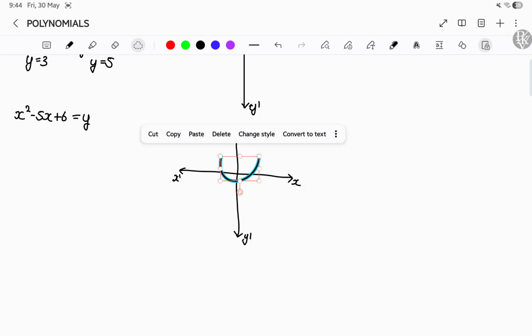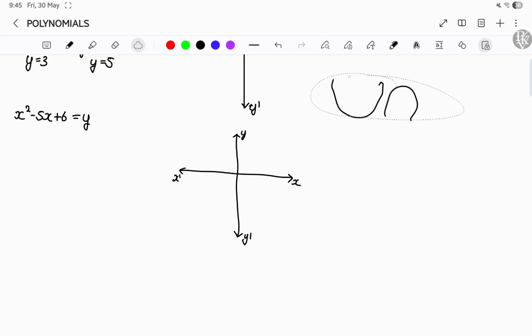There is a way to find if the parabola opens upward or downward. The way is, check the coefficient of x square. If the coefficient of x square is positive, like this is 1, the parabola looks like this.